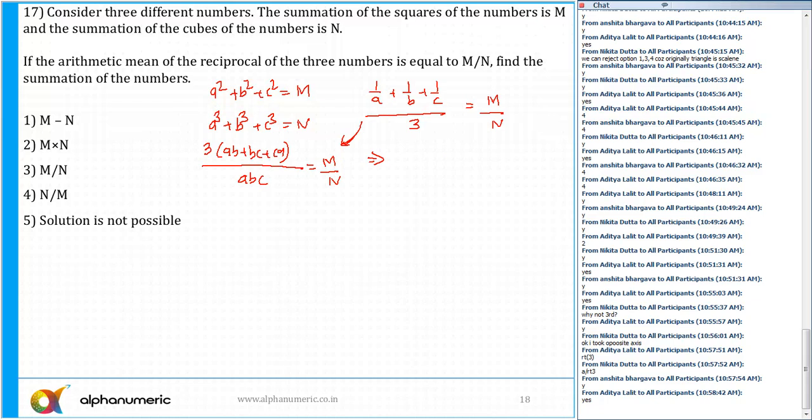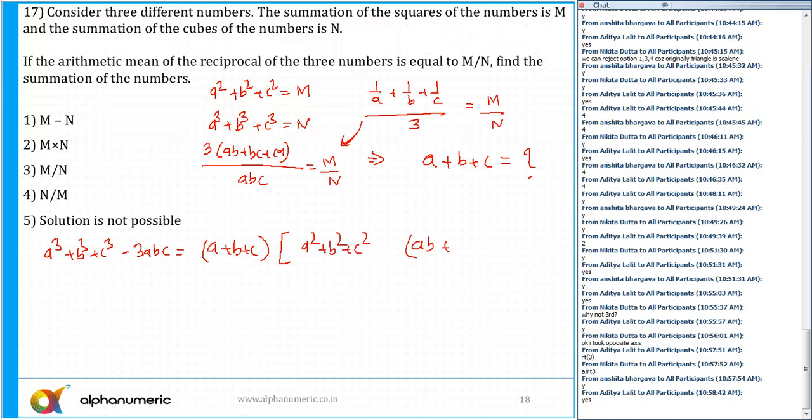We need to find out what is A plus B plus C. So we know the formula: A cube plus B cube plus C cube minus 3ABC is equal to A plus B plus C into A square plus B square plus C square minus AB plus BC plus CA.